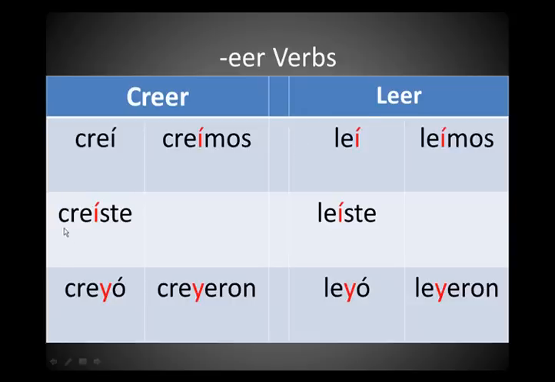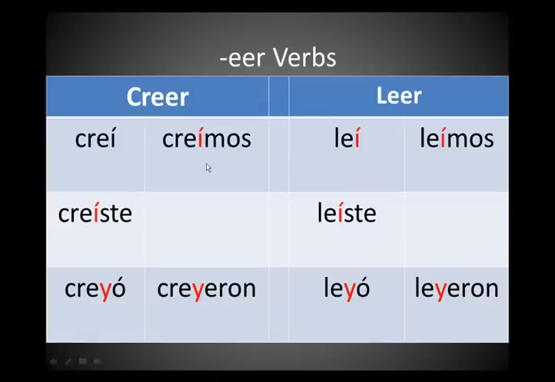But in the tú form, if we don't add this accented í, we just add the iste like we would to another verb, we wouldn't have creíste, which is what we want. We would have creiste, because the E and the I would combine to form an A sound. But we don't want creiste, we want creíste. We want that iste at the end, so we add an accent and it breaks up this diphthong, forming two syllables. Right? So creíste is what we need.